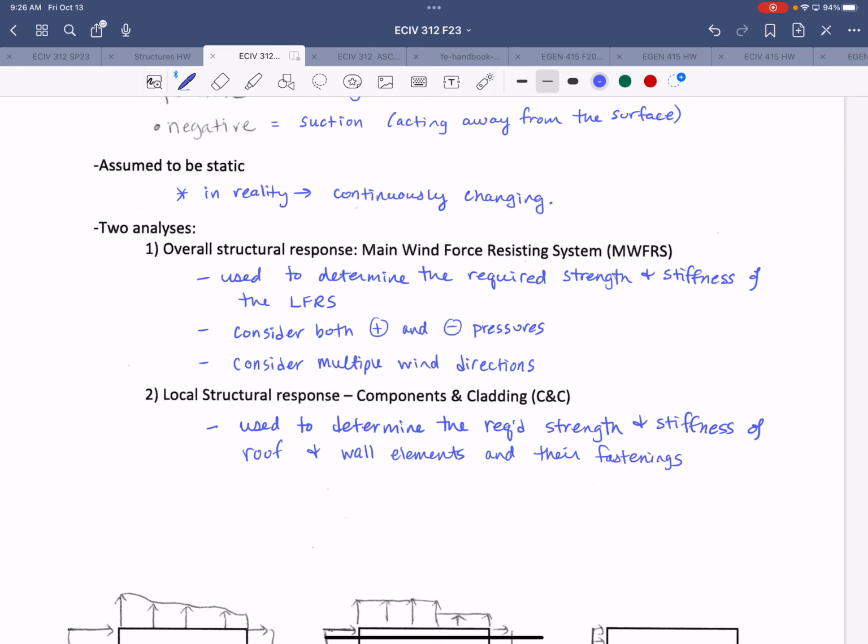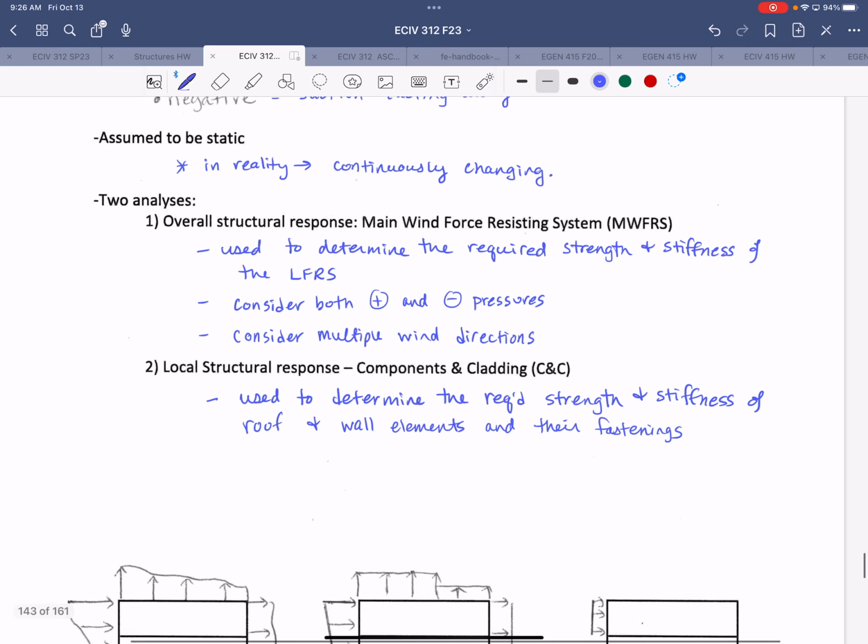So the roof and wall elements that we're thinking about, these are the coverings, right? You can think of it as the skin of the building, because those are the elements that are basically on the front lines of defense for the building with regard to wind. So they're gonna feel all that pressure first, and then they're gonna transfer it to the rest of the structure.